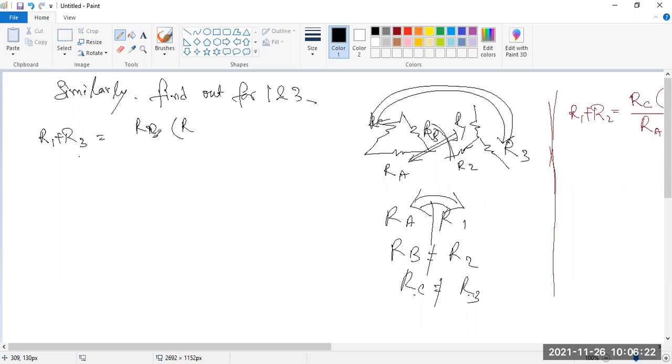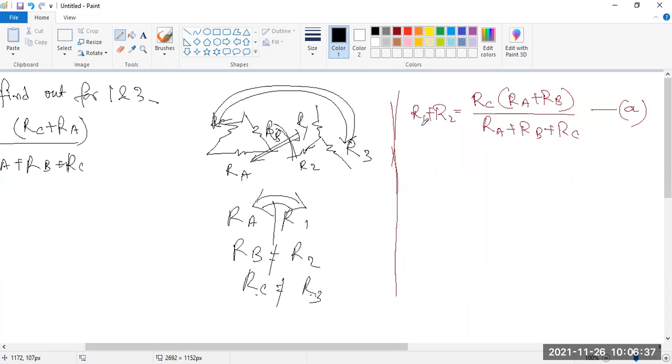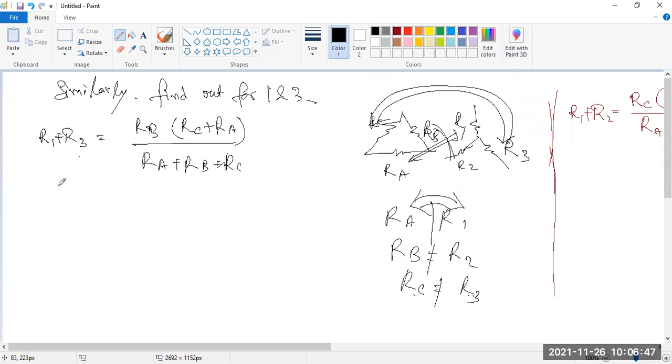So when we get this RB, we take the other resistances RC plus RA, divided by the sum of all resistances RA plus RB plus RC. Just like this. And this is for equation number B.